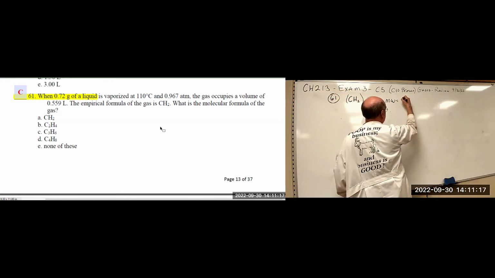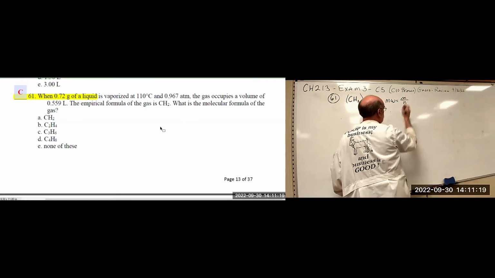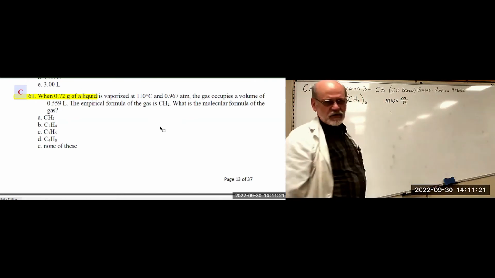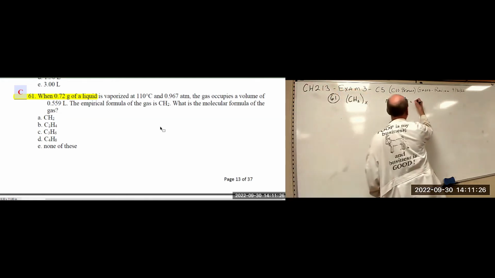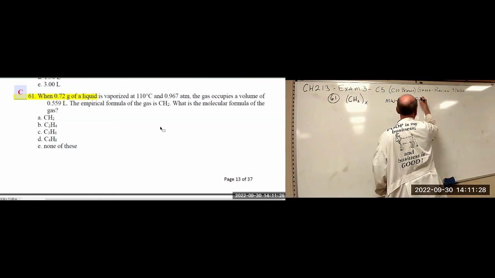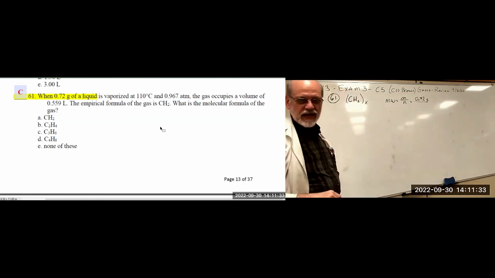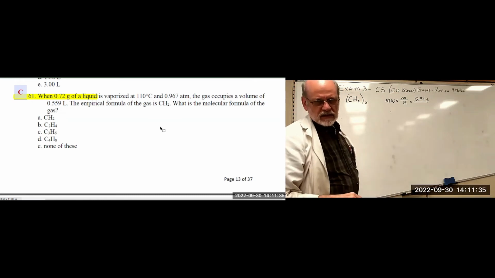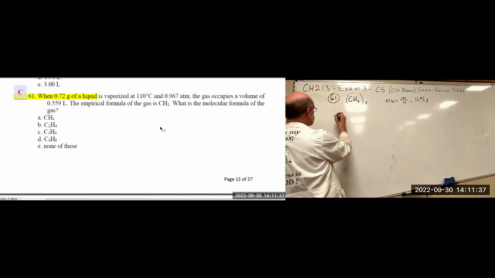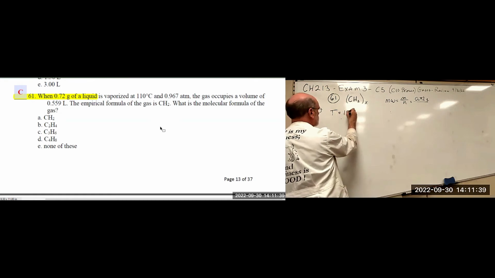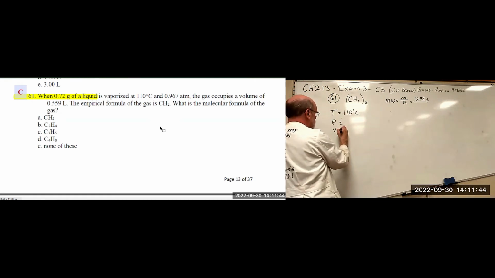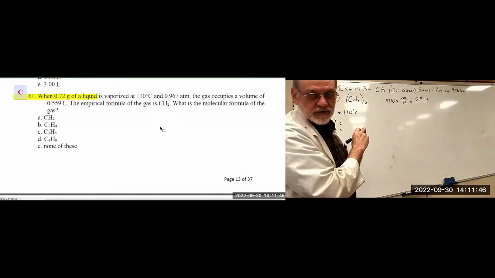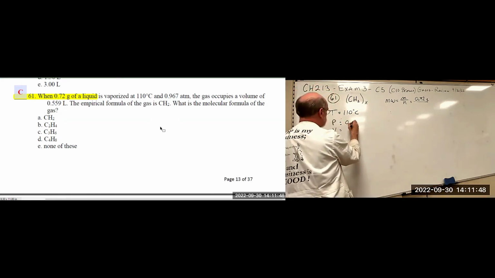In order to do that, we need mass and moles. So we have mass, 0.72 grams. What we need is moles. Do we have the information we need? 110 degrees Celsius is the temperature, pressure, volume, probably give that too. 0.967 atmospheres.